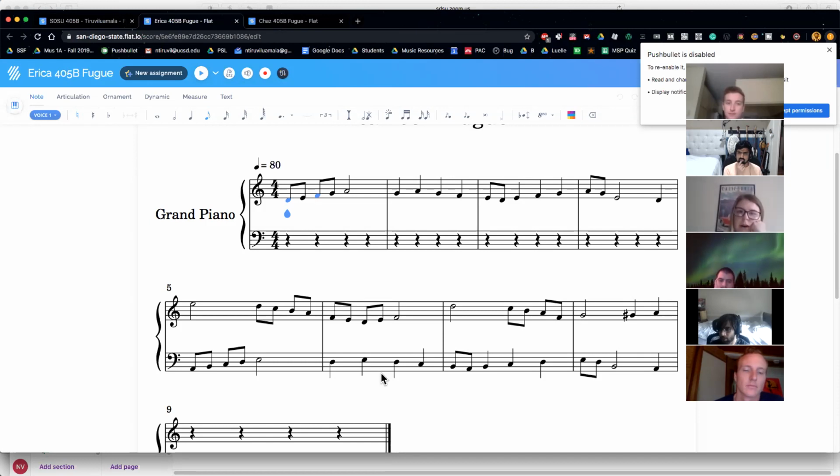I thought about going up to the higher D right there, ending on that higher D, but I thought that would be kind of weird as that being my high point for that whole first section.